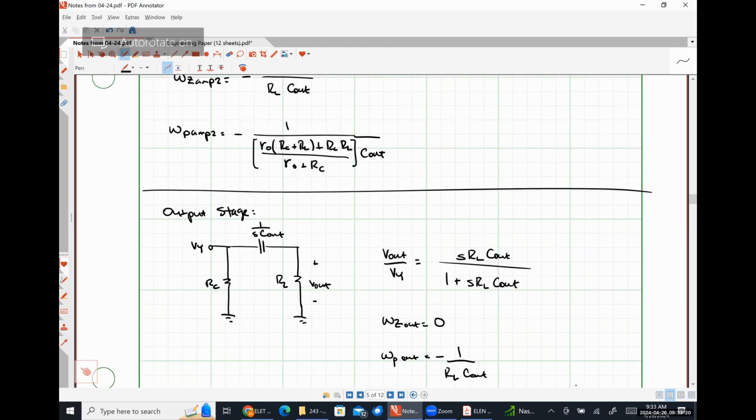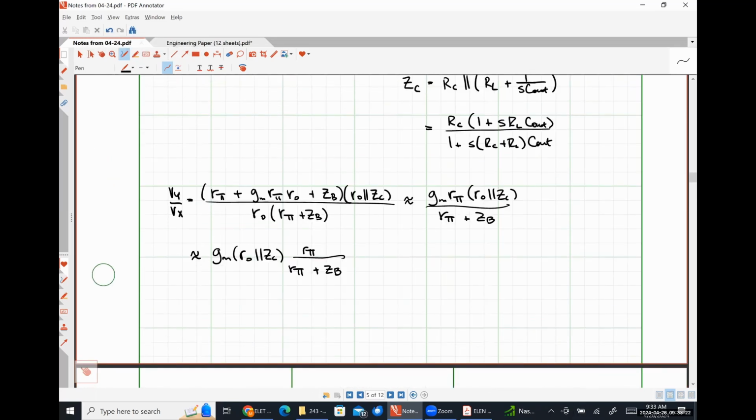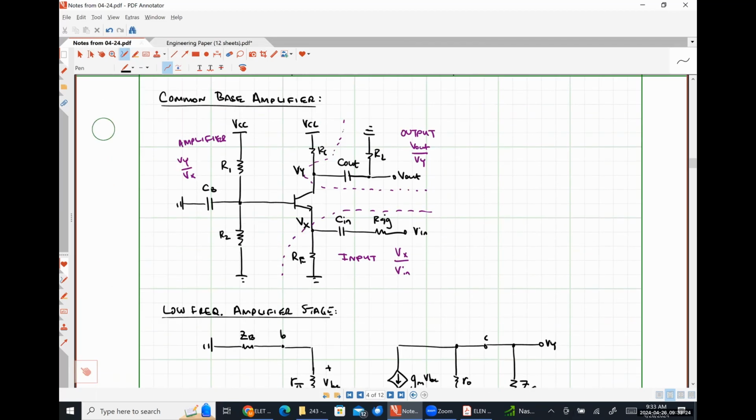So let's look up here at what our input stage is effectively going to entail. We can very obviously see that we have some resistance R sig and a capacitance Cn that are in series.